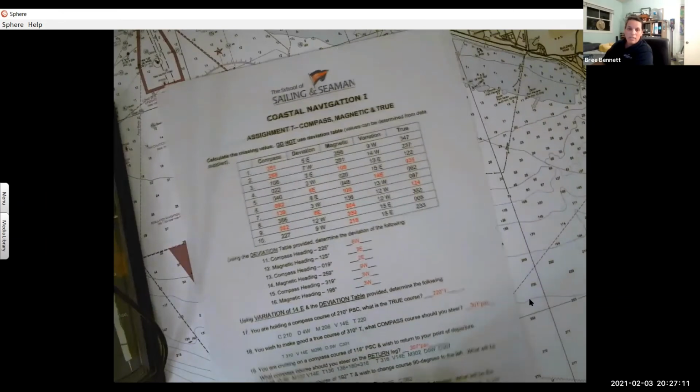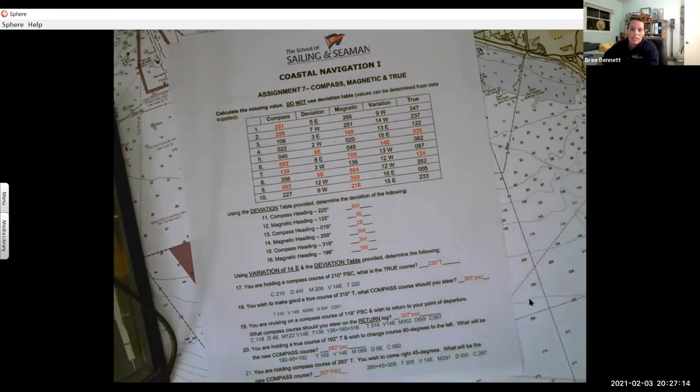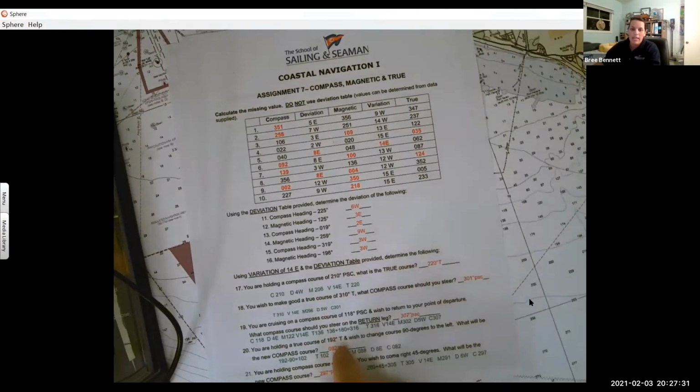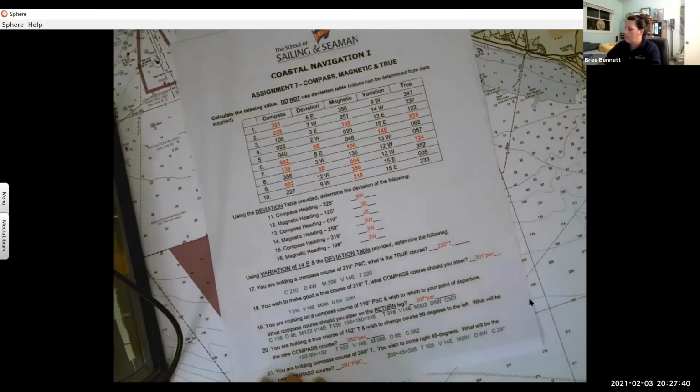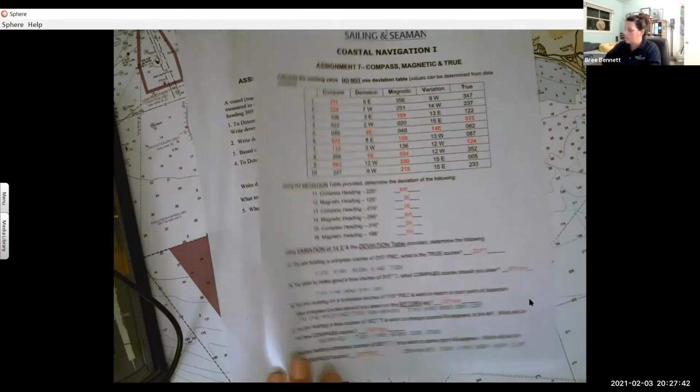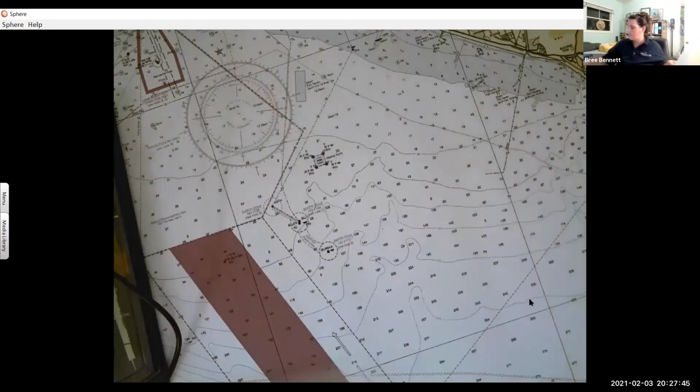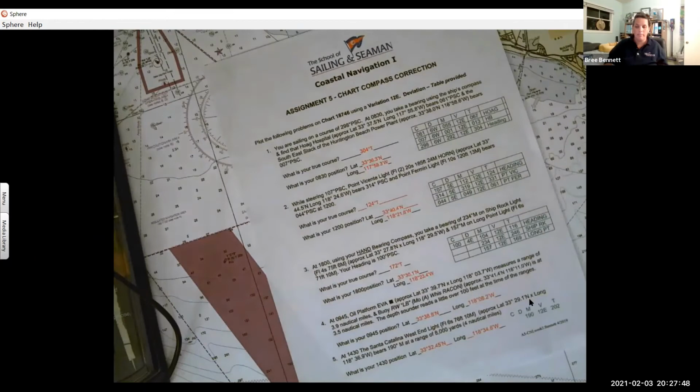And then assignment number 7 is going to be practicing your TVMDC or CDMVT, whichever one you use, over and over and over again. For our chart plotting, we only have 5 questions, but assignment 7 is really practicing that compass error formula for you guys. So we probably won't get to that tonight, but we will work on assignment number 5.